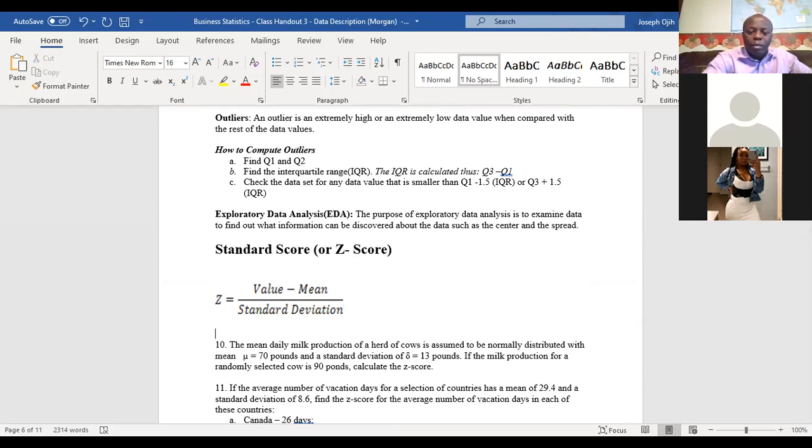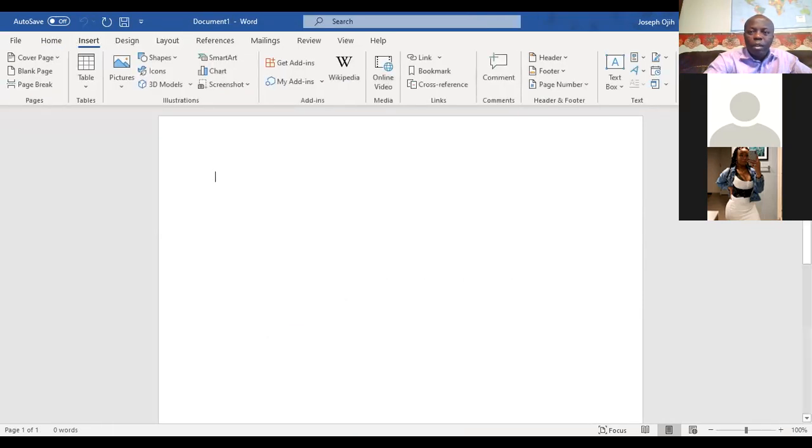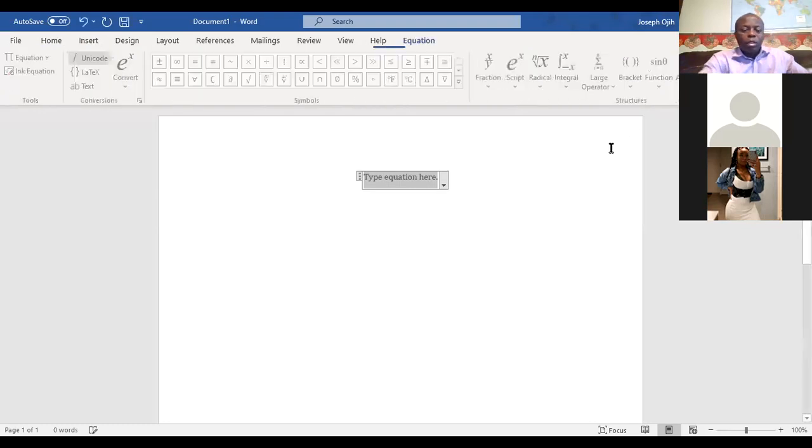There's another way we write it. I will show you in a minute. I'll take you to my other workbook so we can put it in. So that our z-score becomes the formula or equation.